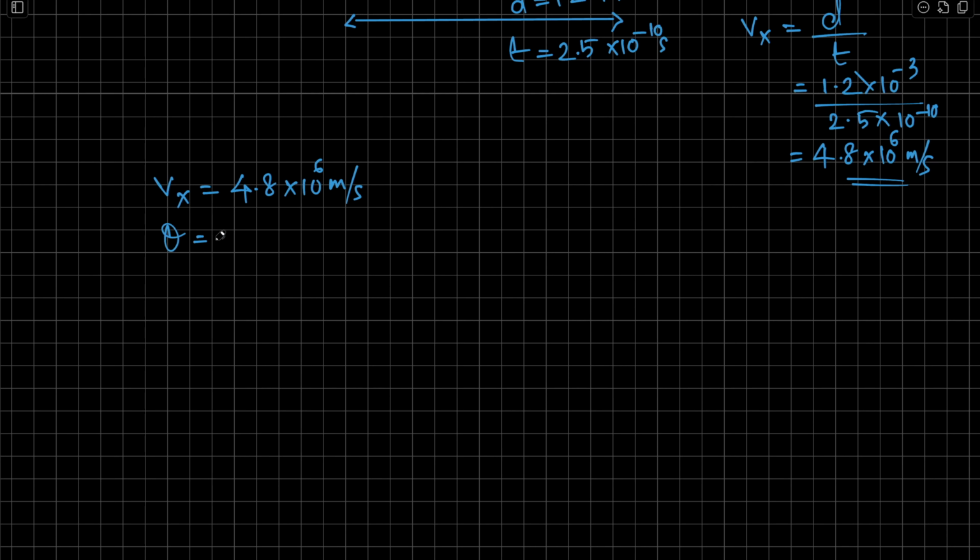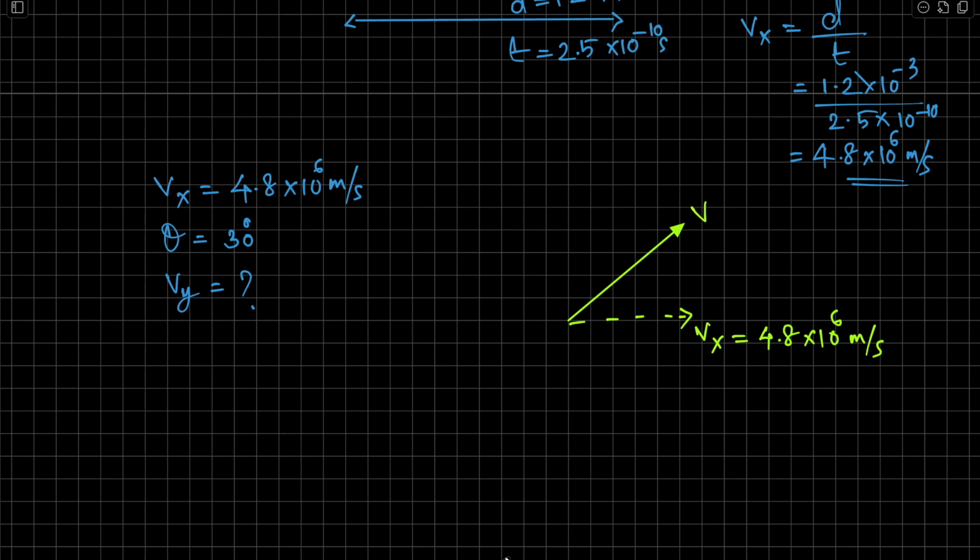We have the angle theta equals 30 degrees, and we are going to find the y component. Right? So I'll draw this vector v. This is the velocity vector v, and this is the x component vx, and we know vx is 4.8 times 10 to the power 6 meters per second.